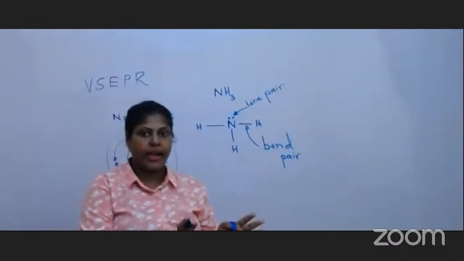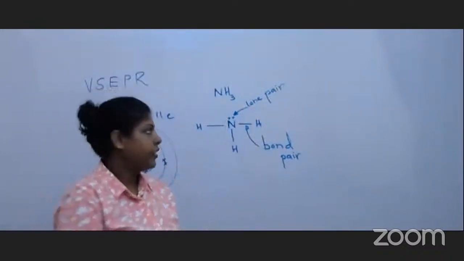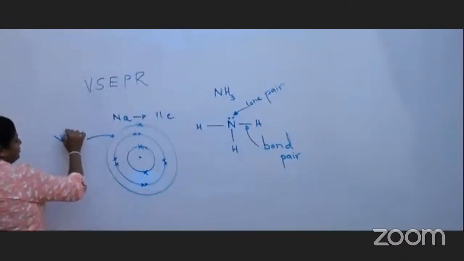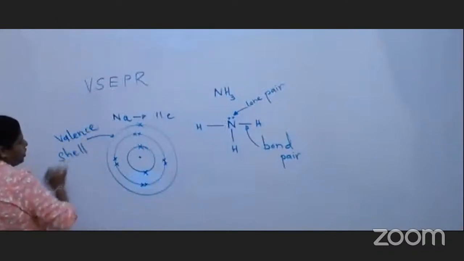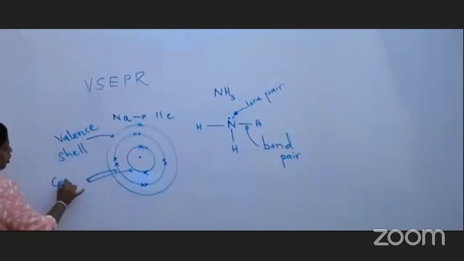Bonds are always formed by electrons in the valence shell. Valence shell is the outermost energy level. The innermost energy levels we call core shells.